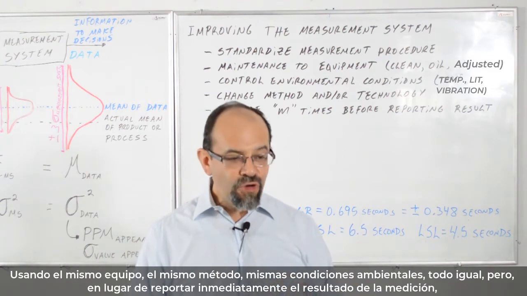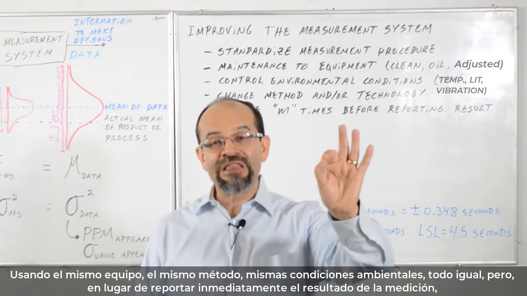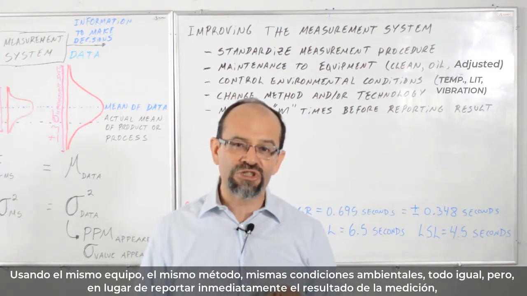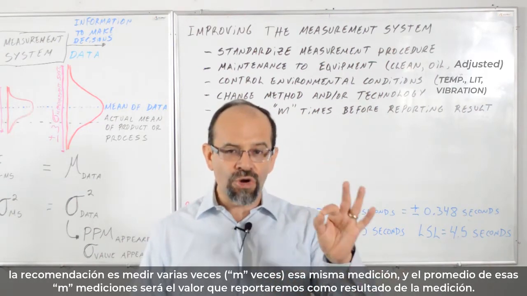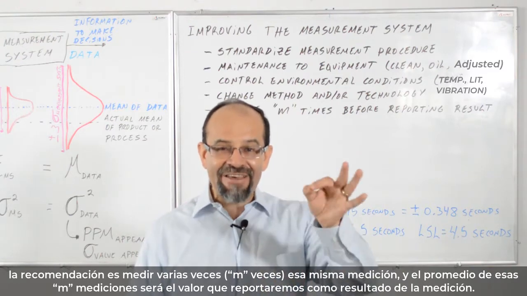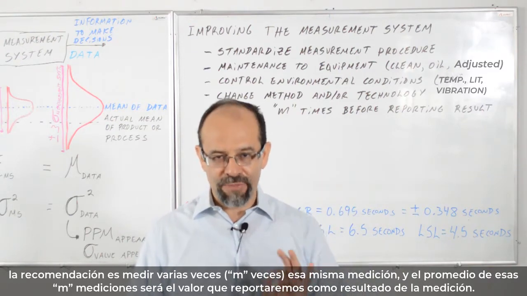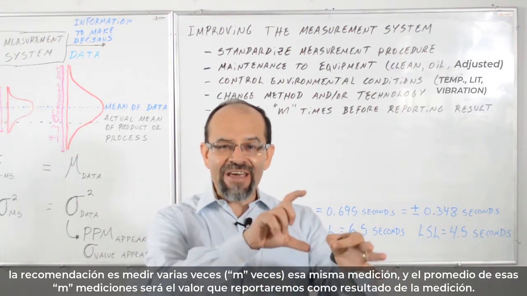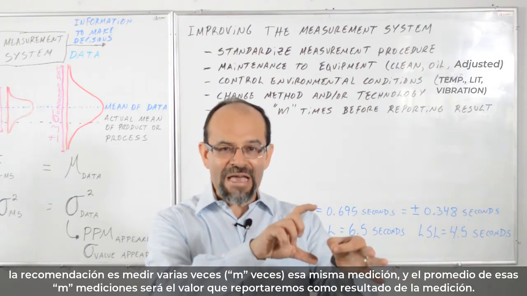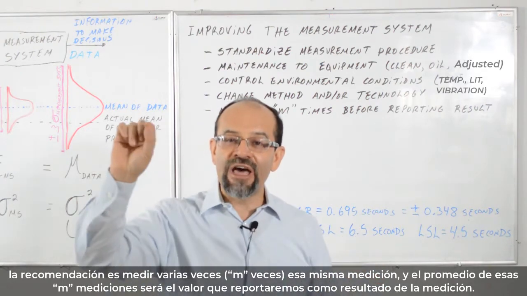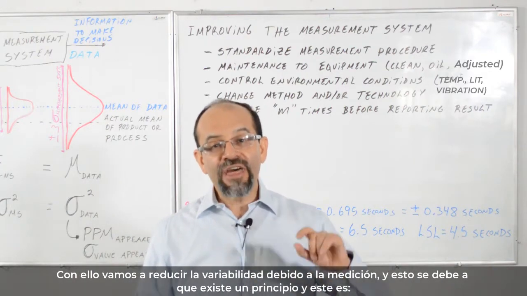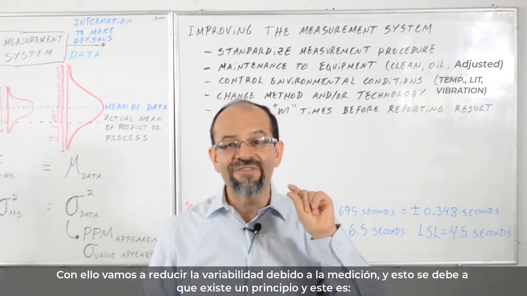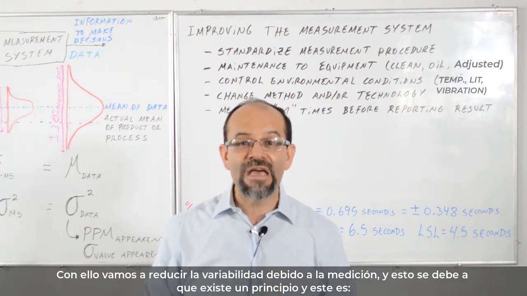But before doing a measurement and immediately reporting the result, instead of doing that, the recommendation is to measure that several times. And the average of those m measurements will be the value that you will report as the result of the measurement. With that, you are going to reduce the variability of the measurement.